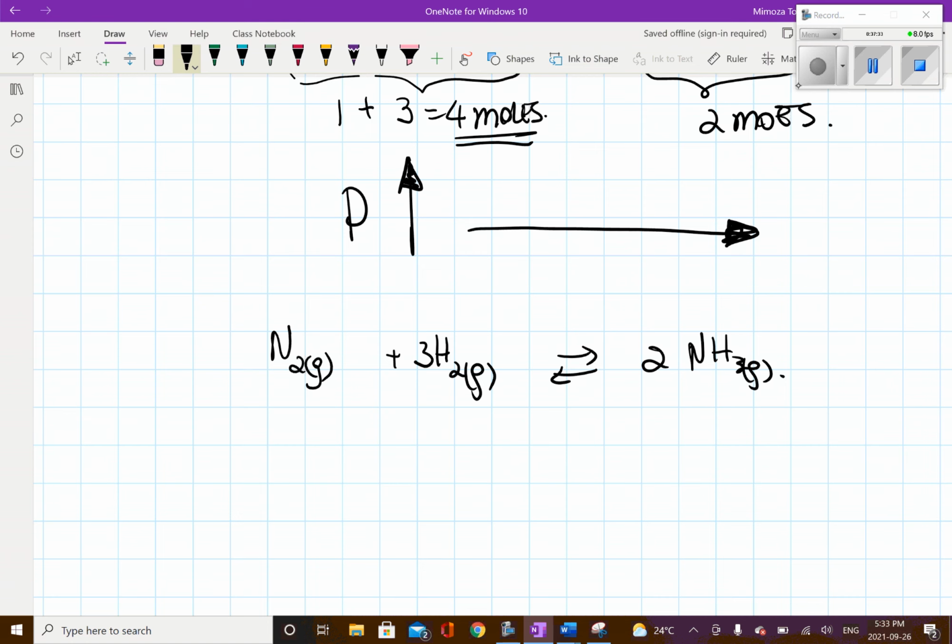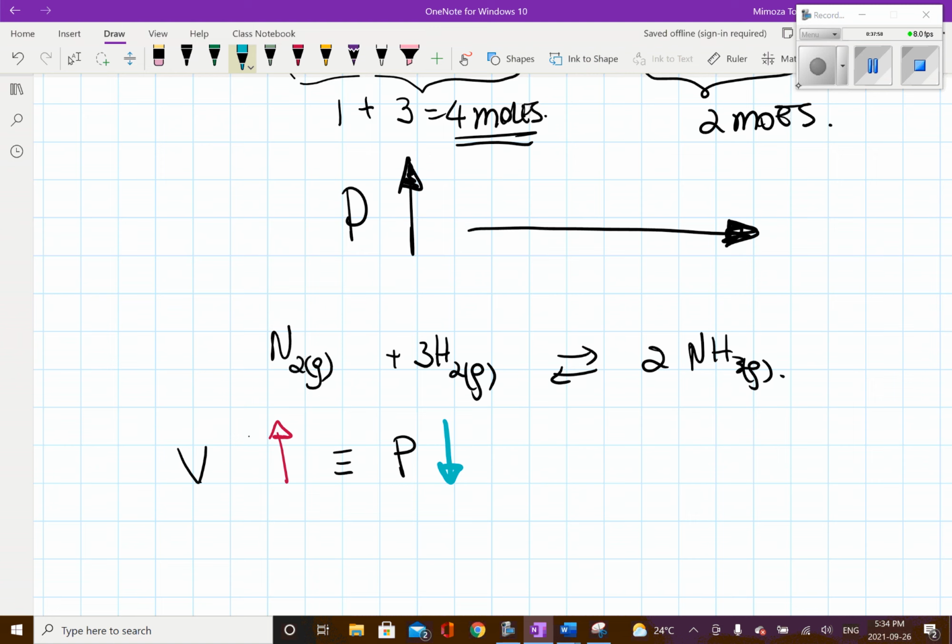So if the total volume of the container is increased, this is the same as saying pressure is decreased, because they are inversely proportional.